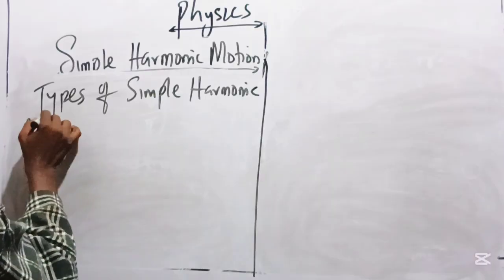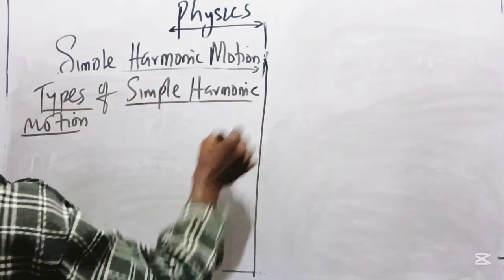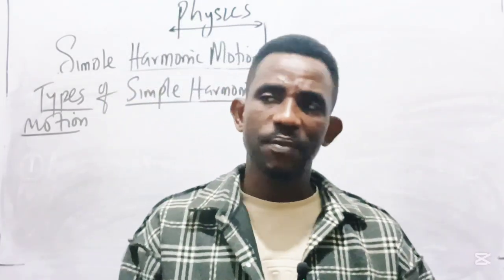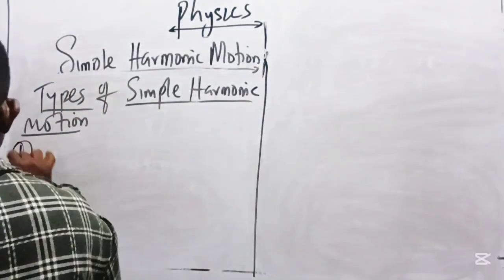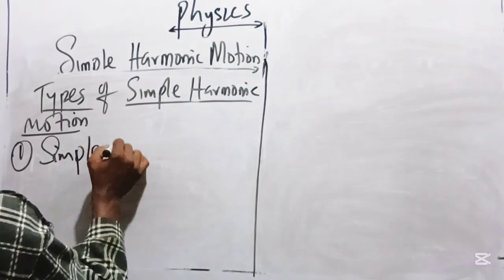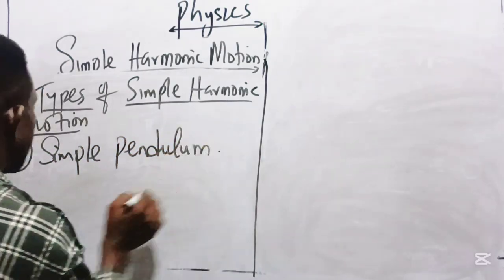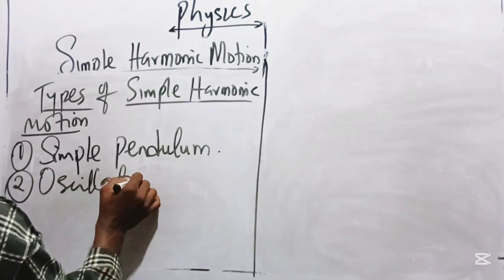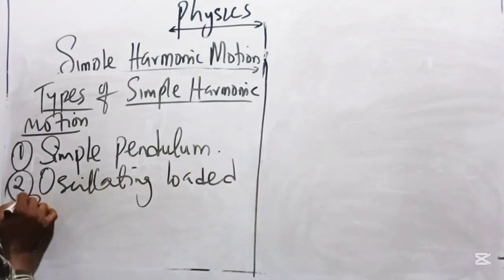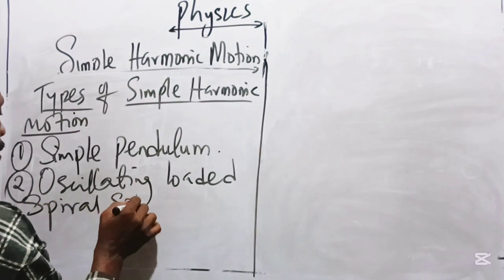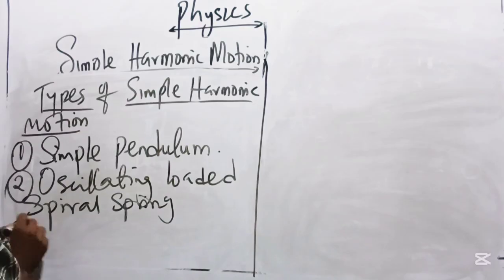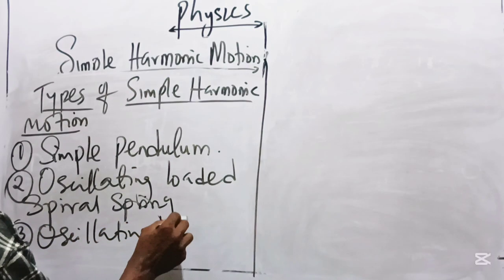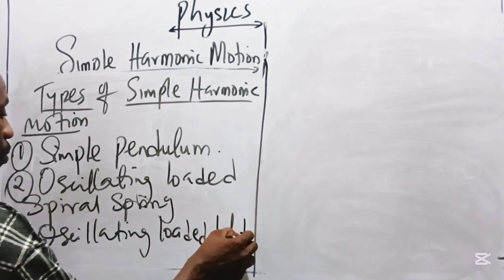Okay, so let's look at the types of simple harmonic motion. We have different systems that exhibit simple harmonic motion. The first one is the simple pendulum. The second one is the oscillating loaded spiral spring. The third one is the oscillating loaded U-tube.